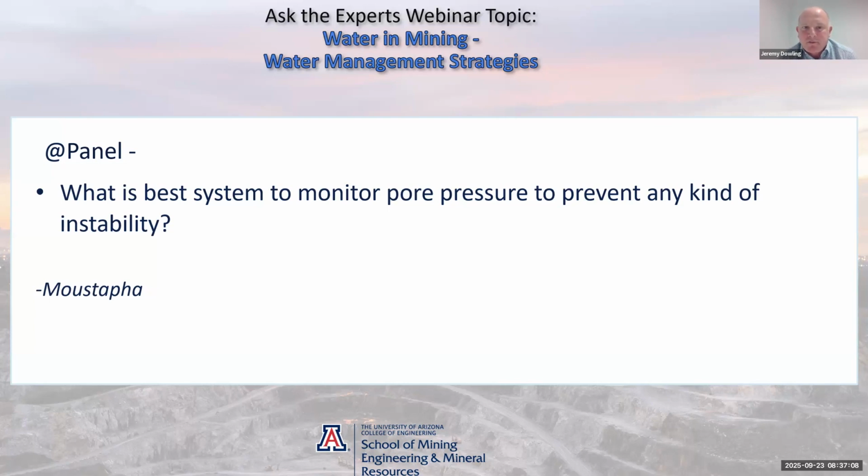So the actual monitoring system itself is really important, and Paul's right that the grouted in vibrating wire piezometers that allow discrete location measurement of pore pressure are the state of practice for measuring the pore pressure. But as well as that, actually understanding what you're trying to monitor and where the critical areas are in the pit slope, and actually designing the layout of the monitoring system to address the expected geotechnical risks is also really important.